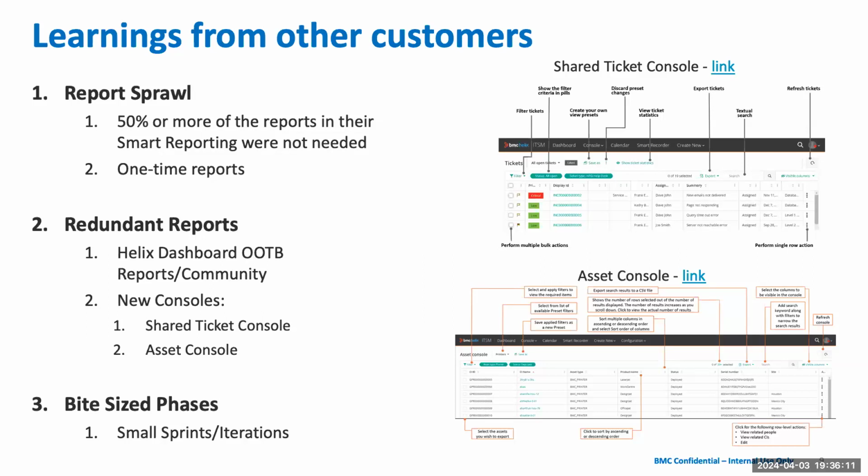If you are migrating thousands of reports, it will take the end users a lot of time to go through each of them, and they may be investing time in reports that are not really important. So if we have small bite-sized phases, they can be planned better, and we can do this kind of analysis at a much more granular level and take what is most important and high priority.